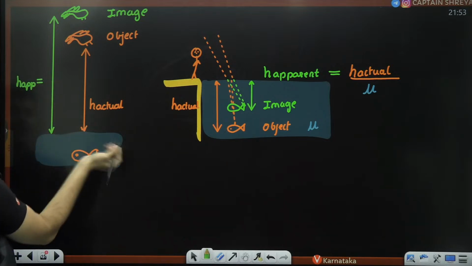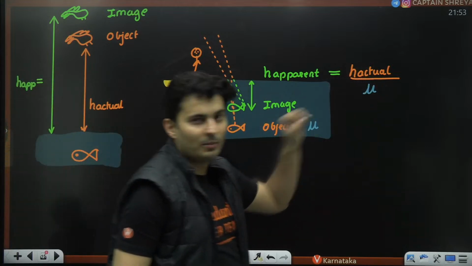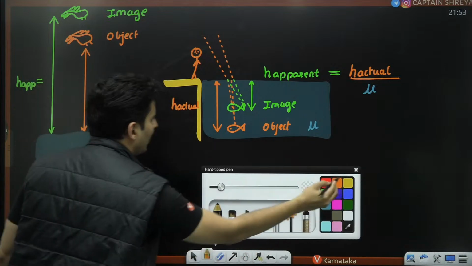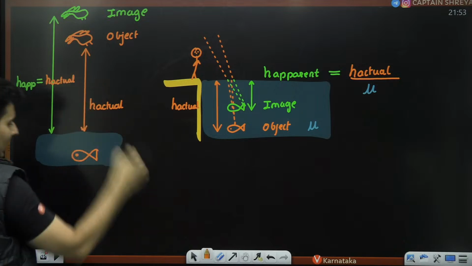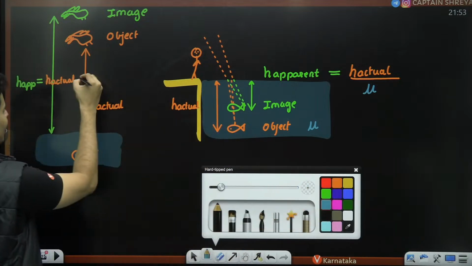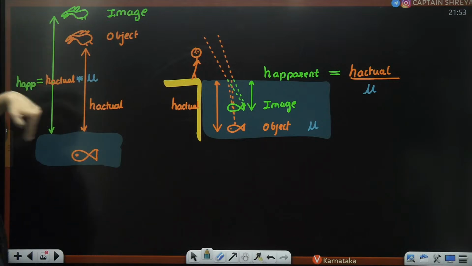And this apparent height is exactly opposite. I mean, here it was divided by mu, right? So here it is the actual multiplied by mu. Yes, instead of division, you now multiply because you have to make it more. Yes, you see it farther.